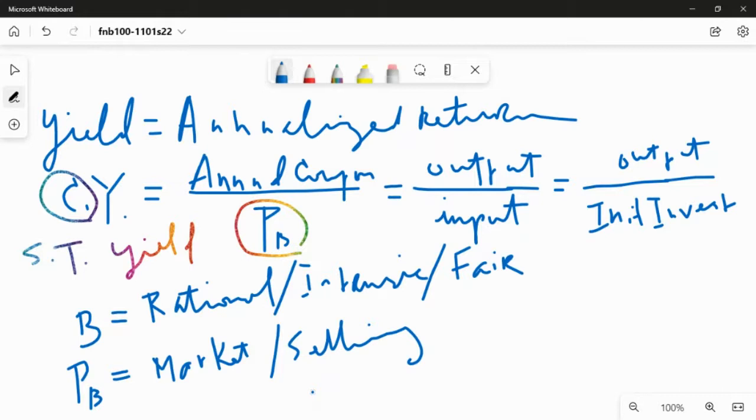So in other words, the choices that average Joe and average Jane make are not rational choices, but irrational choices. When they see the prices go down, they panic and they also sell.